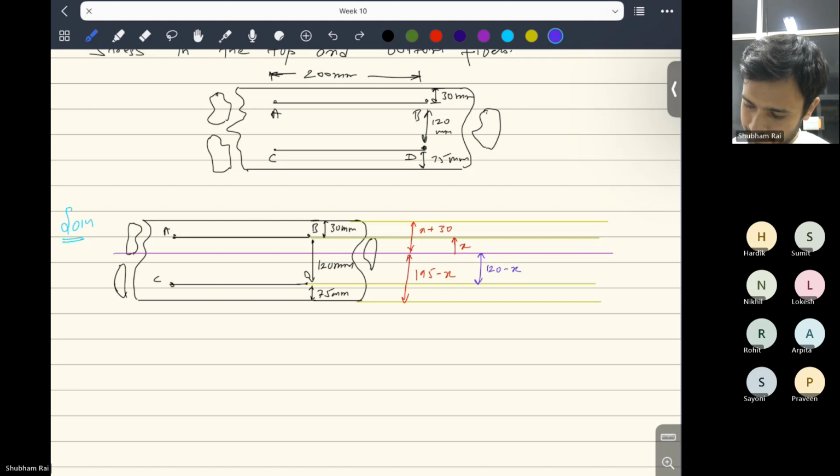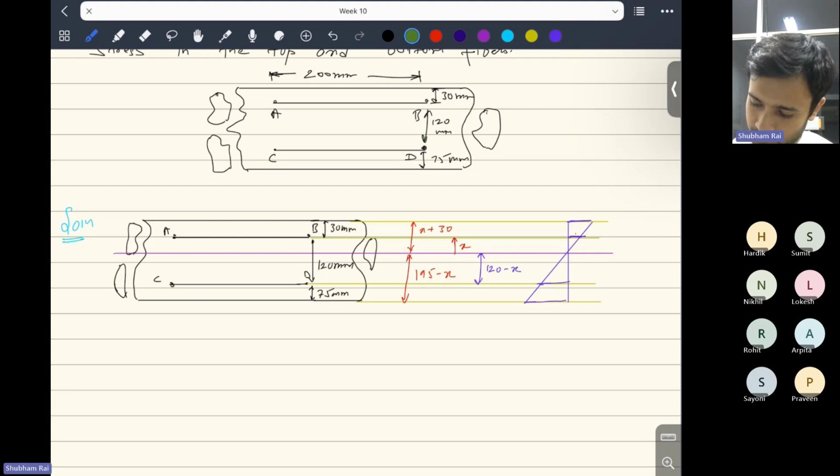In AB strain is positive, and in CD strain is negative, and it's a large quantity. Finally, the strain will be something like this, right? So this is the graph of the strain.